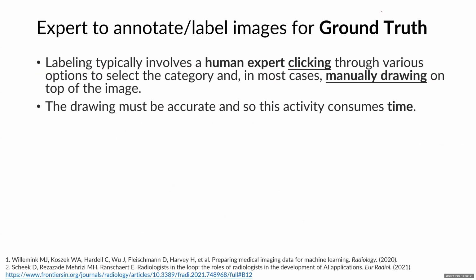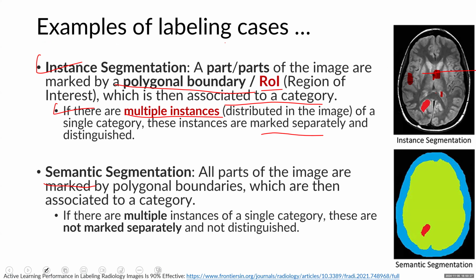All right. So experts annotate or label images for ground truth. In this case, exactly where the tumors are, that is called ground truth data. So when you train, the machine learning model will understand that these areas are tumor areas and others are not.